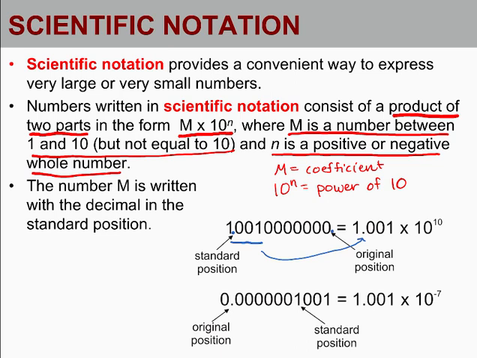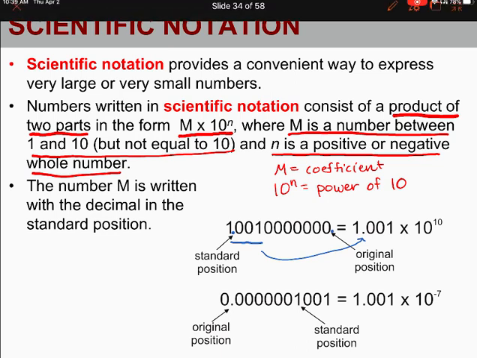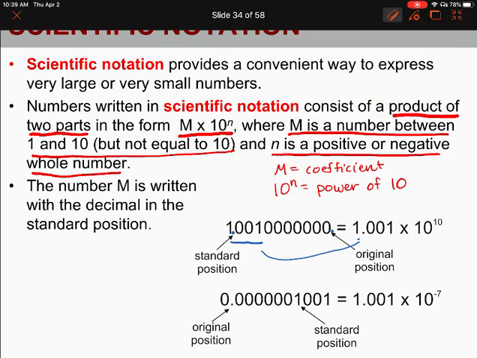And then we have to figure out what our power of 10 is. Another way to think of this is how many times do we have to move the decimal point before we end up at the standard position? So let me just make some room here.